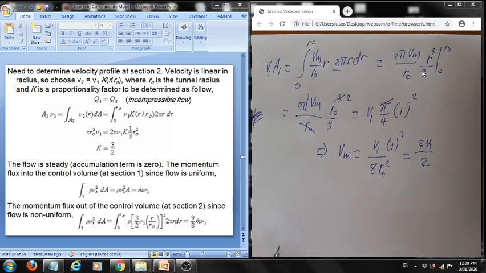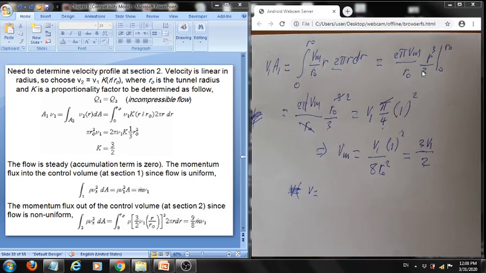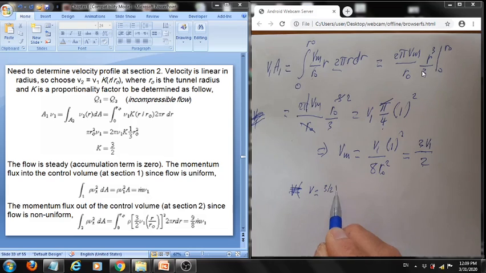We have the velocity profile at the exit, which is given as V equal to Vm, which is 3/2 V1 over r naught times r.